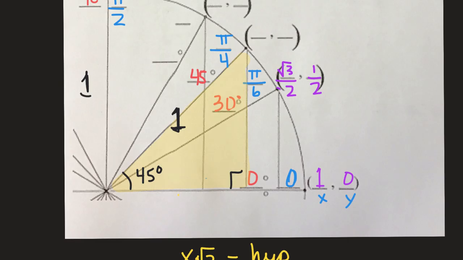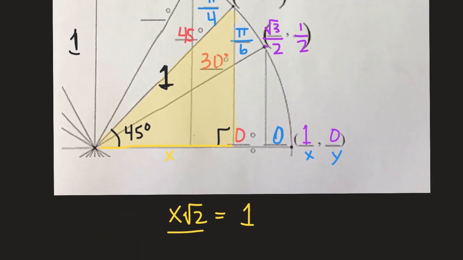So we want to figure out what x is. That's the side of our triangle. But what did we decide the hypotenuse was? The hypotenuse is 1. So if we want to solve this for x, it's just a matter of dividing by root 2.